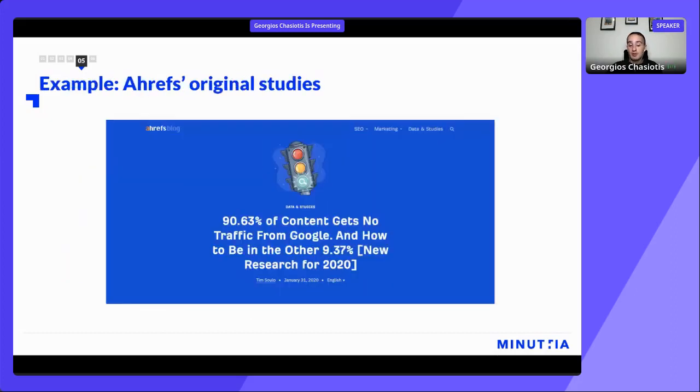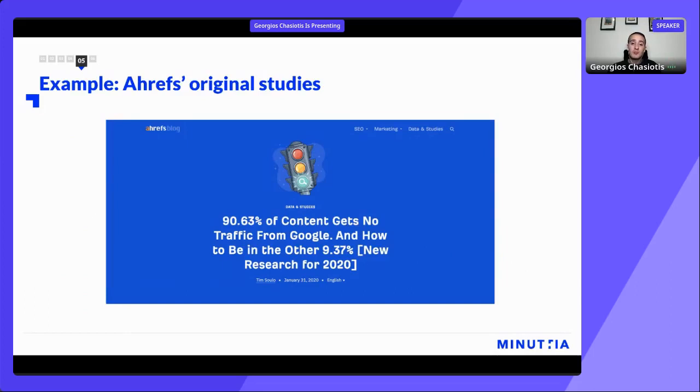And the last example that we have is Ahrefs, which is a reputable SEO software that many people know. As you can see here, this is a study, okay? But at this point, Ahrefs can actually execute on a study like that. It has the reach, the authority, the audience, and the means, everything that it needs in order to do something like that.